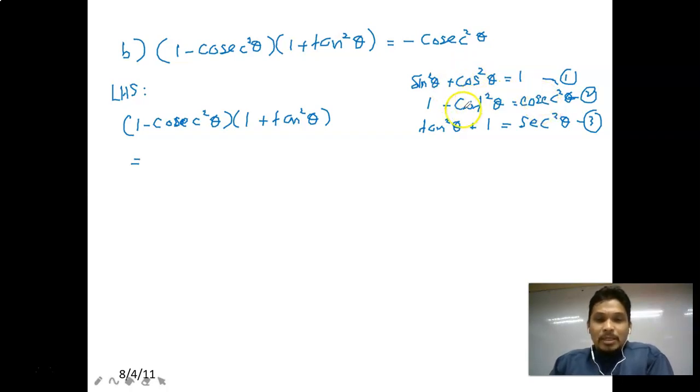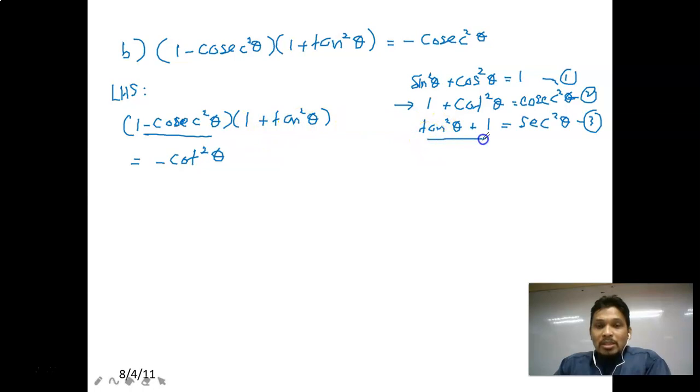So we get negative cotangent square theta. Elaborating this from equation 2, bring the cosecant square to the left side, so 1 minus cosecant, and cotangent square brought to the other side becomes negative, so negative cotangent square theta, and 1 plus tangent square, or tangent square plus 1, equal to secant square theta.